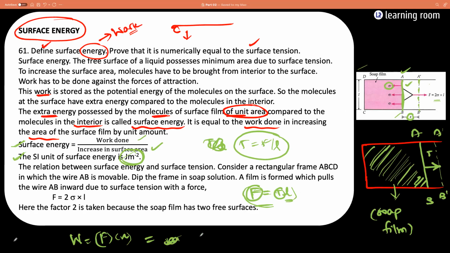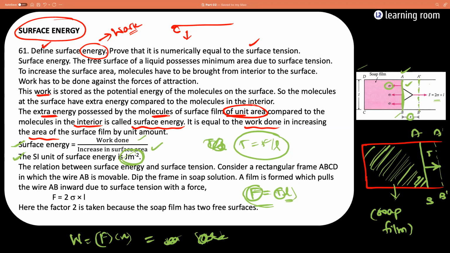This will be equal to force into... not able to write. See, listen. How is force written in terms of surface tension? F is equal to T into L. I want everybody to please write it down.